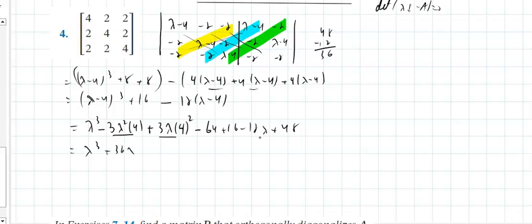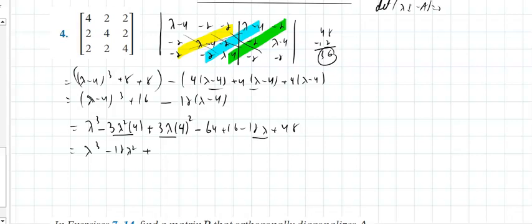That's one of a kind. That's negative 12 lambda squared, and that's one of a kind. That's plus 16, 36 minus 12, so we got that one right.